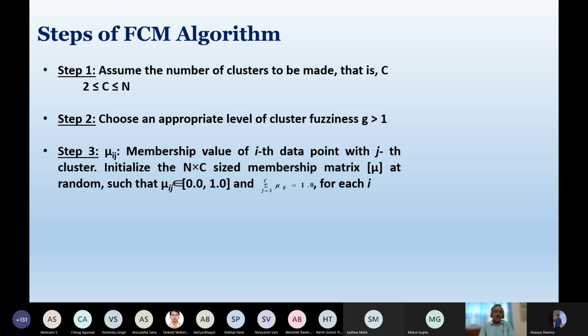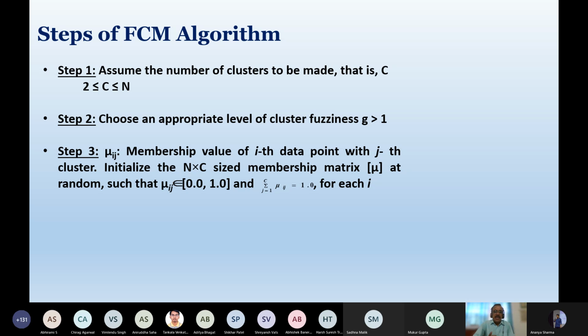Step 2, choose an appropriate level of cluster fuzziness, that is g, which is greater than 1. As I told, 1.25, 1.3, 1.7, 1.5, something like this. Step 3, the membership value of the ith data point with the jth cluster center.